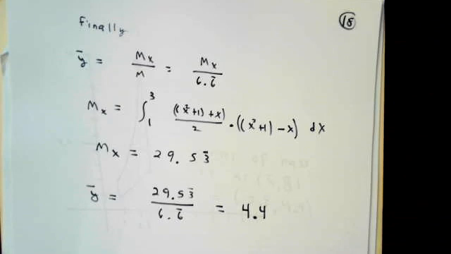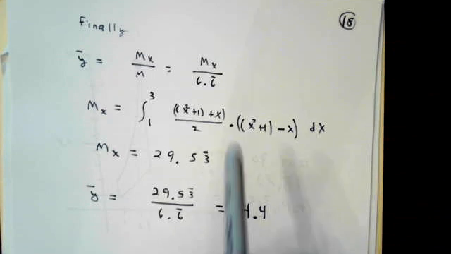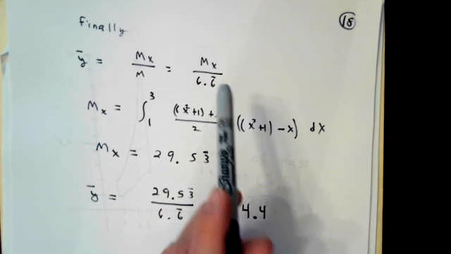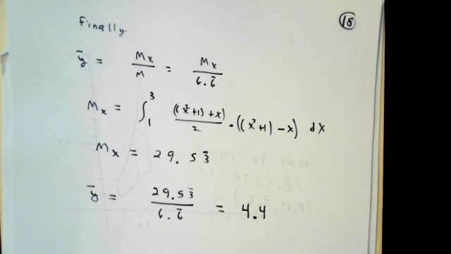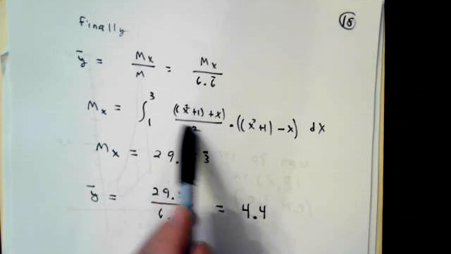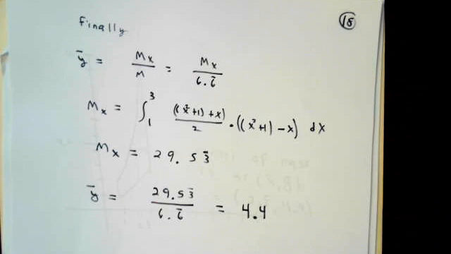The y-coordinate of the center of mass is the moment about the x-axis divided by the mass. We've already canceled the rho out, and what remains is 6.6 repeating. The top of the fraction is the same as the integral that I did for the moment about the y-axis, except this factor is not x, it's the average of f of x and g of x.